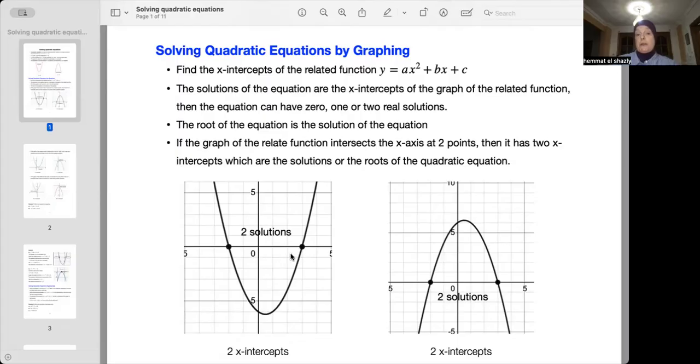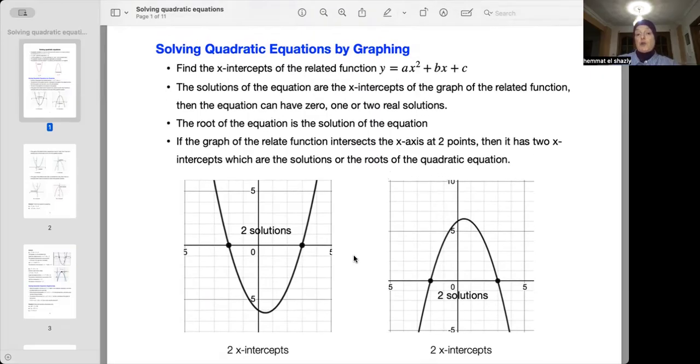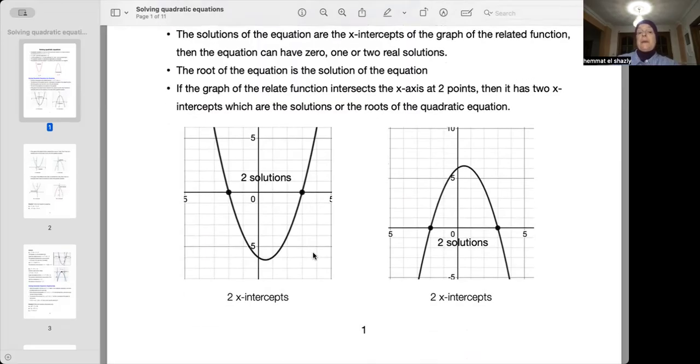Roots means the solution. Whether the parabola is upward or downward is not important for our solution. The solution depends on where the parabola intersects the x-axis. If it intersects the x-axis in 2 points, then this equation has two solutions or two roots.